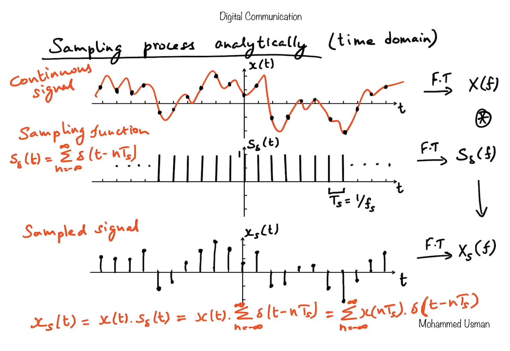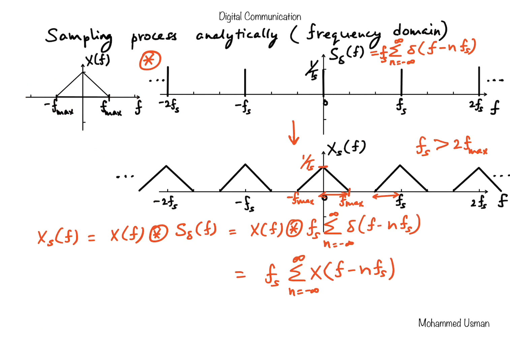Now, in the frequency domain, that corresponded to the convolution of the respective spectra of the original signal and the impulse train. In the frequency domain, we had the spectrum of the original signal, which had a maximum frequency of f max, and the spectrum of the sampling function, which is another impulse train, but the difference now is that the separation between the impulses, or the deltas, is fs rather than Ts, and there is a scaling factor in the heights of these deltas.